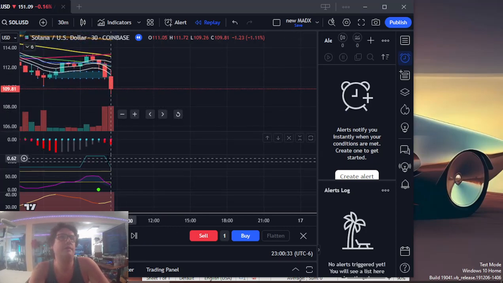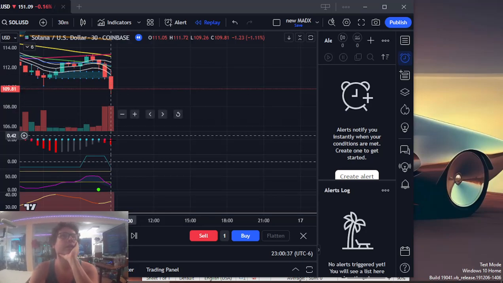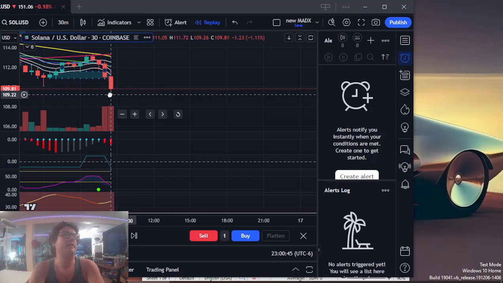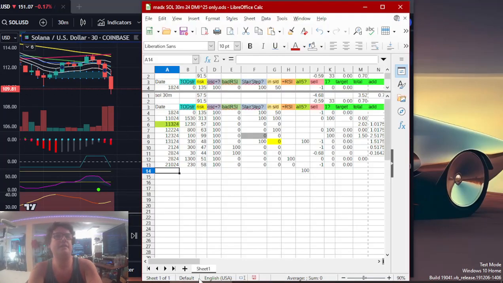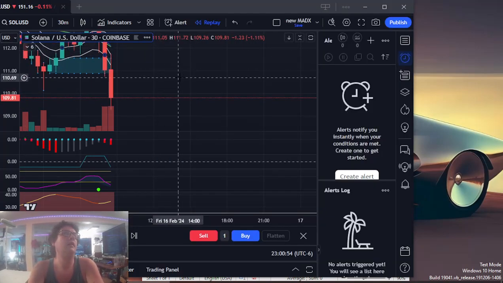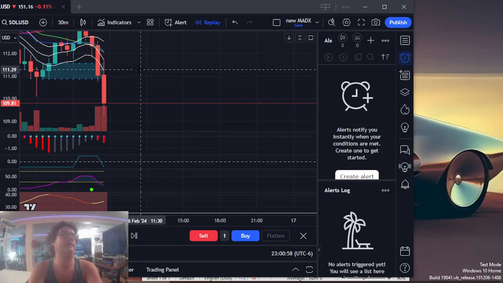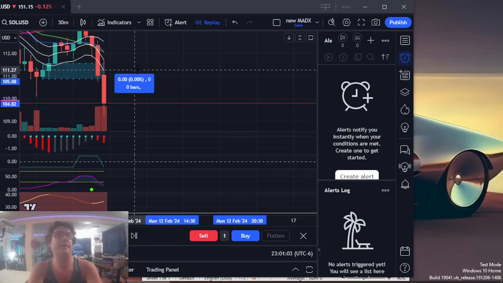One, two, three, four, five. One, two, three, four, five. That is all five. Alright. So this is 216, 830. I think we decided, actually, the supply demand zones don't count.